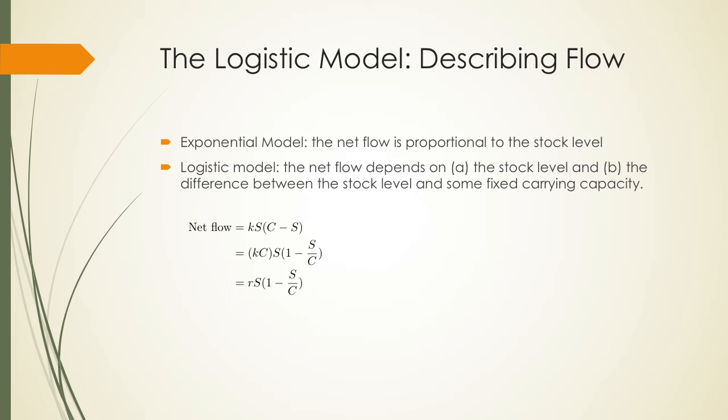So altogether, to determine a logistic model, we need the carrying capacity C, the rate constant R, and also the units for the net flow are stock units per time step, so implicitly we also need the time step T.